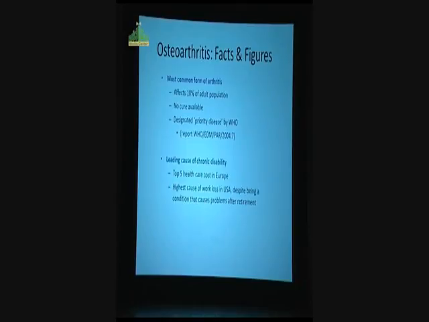As I said earlier, it's a very common disease affecting approximately 10% of the population. No cure is currently available, and it's been designated as a priority disease area by the World Health Organization and various other funding agencies across the world. It's a major cause of disability.